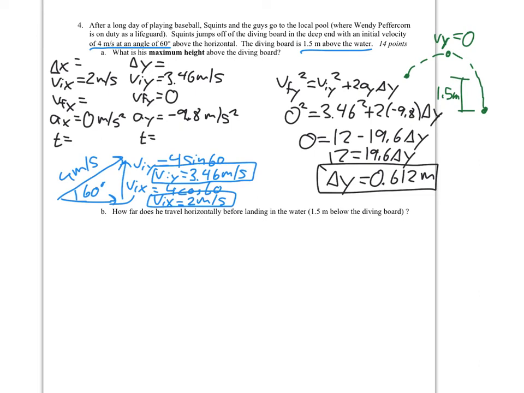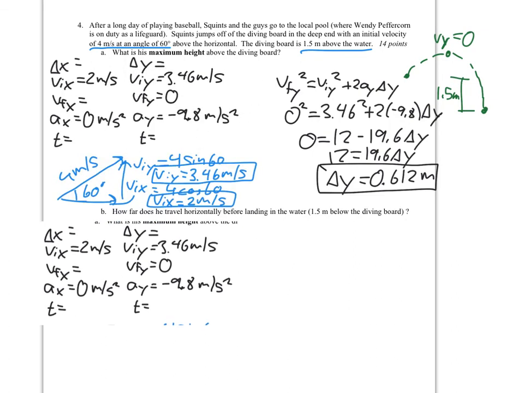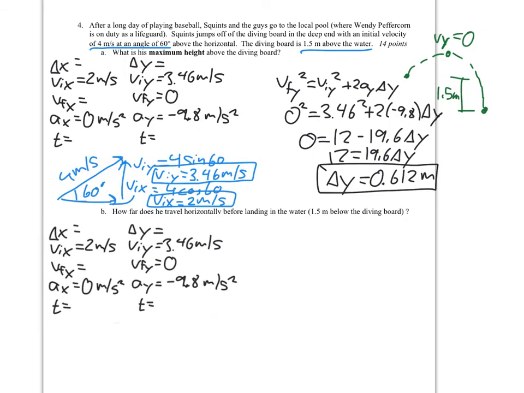All right, moving on to the second part here, I'm going to take basically the exact same setup that I had up here, and I'm just going to move that on down. But what we're doing now is thinking about this point when we land here, and that means that VFY will not be 0, but I do know that at that point my delta y is going to be negative 1.5 meters.